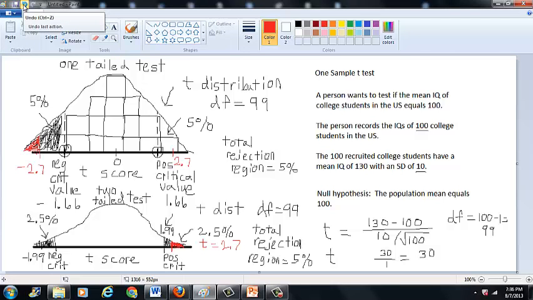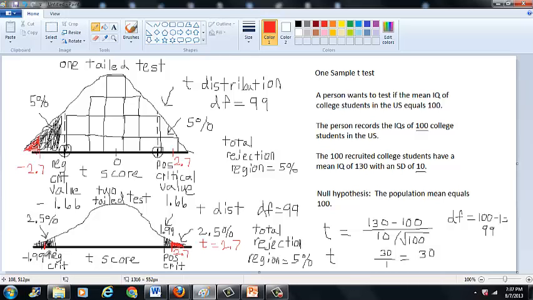A two-tailed test works differently, because in a two-tailed test, your p-value is actually at both ends of the curve, meaning if your t-score ends up being 2.7 in a two-tailed test, your p-value will be the total percent at or above 2.7 and the total percent at or below the opposite of your t-score, which is negative 2.7 down here.